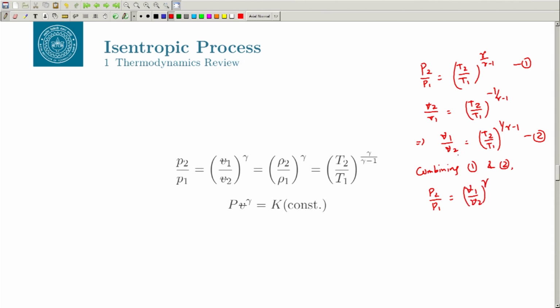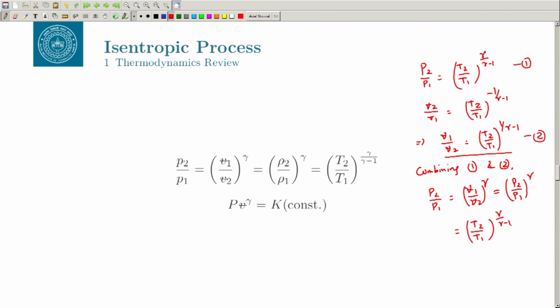If you take the power of gamma of 2, you will get T2 by T1 to the power gamma by gamma minus 1, and because V is inversely related to the density, this will be rho2 by rho1 to the power gamma, and that is nothing but T2 by T1 to the power gamma by gamma minus 1.